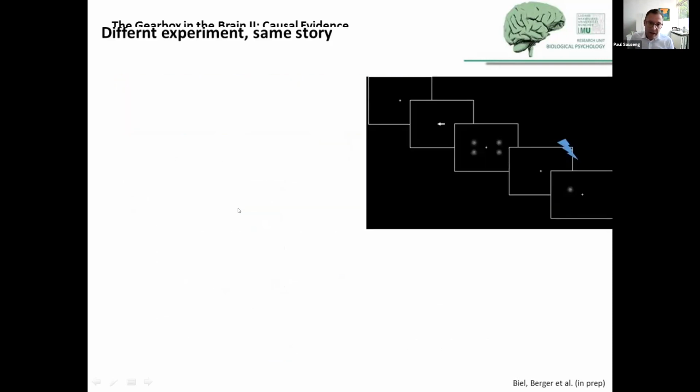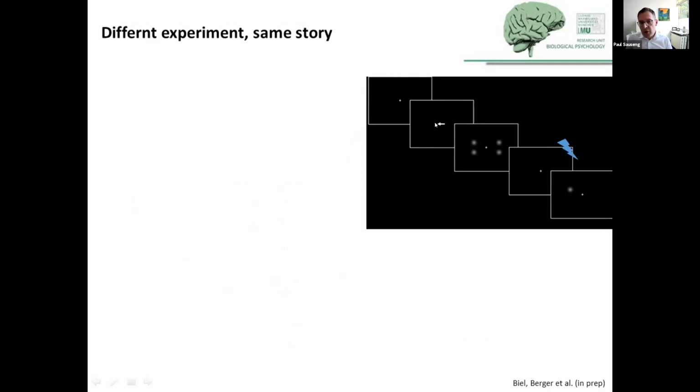So just to convince you that this is not very specific for this particular paradigm, this is data from a recent pilot experiment where we always had a fixation cross presented to the participants, and they had to fixate on the fixation cross.